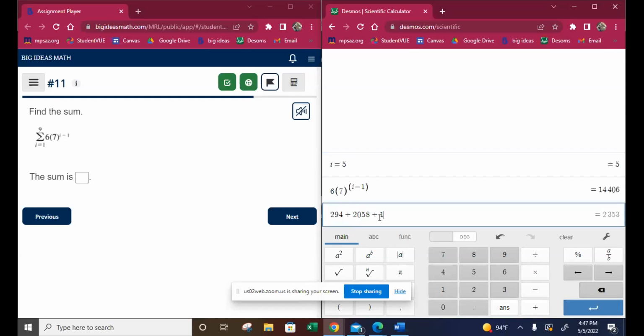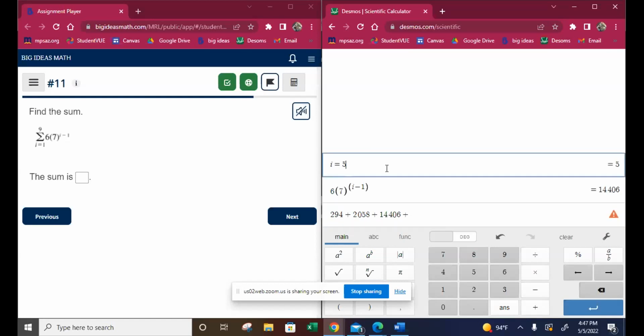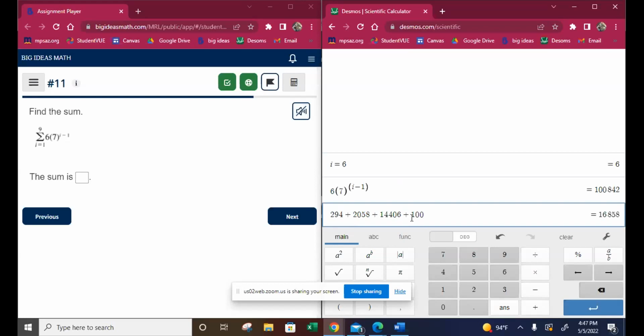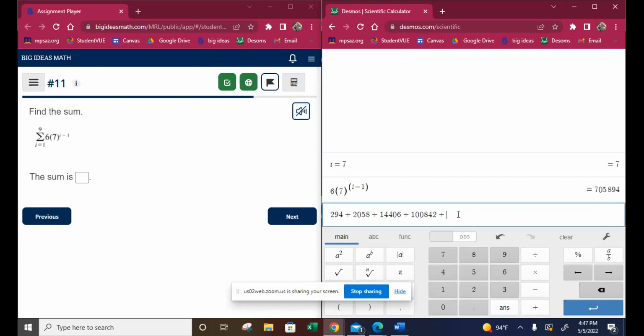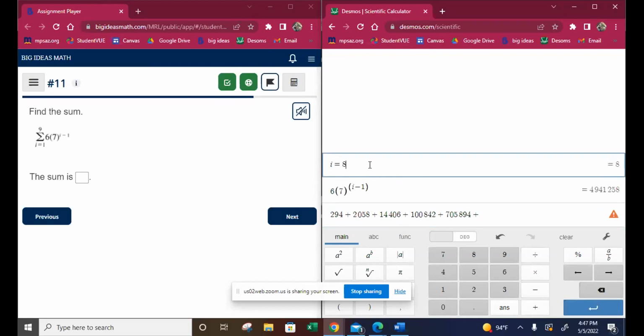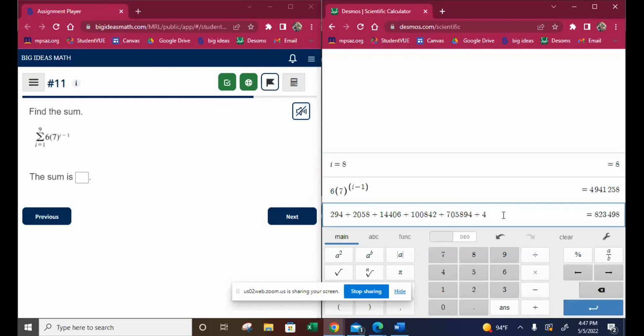Let me get to where I can do that. This one's quite large.